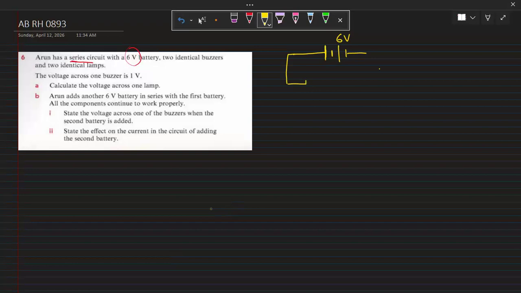And two buzzers are connected, right? It does not matter what order you follow in making the circuit. Either you can place the lamp first and then the buzzer and then the lamp, but the connections have to be in series.